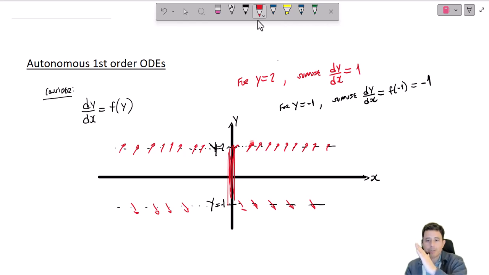So if it changes from positive to negative, the derivative has to pass through 0. So there's a place somewhere where the derivatives are all horizontal. That's where the derivative is 0. Those are called critical points.